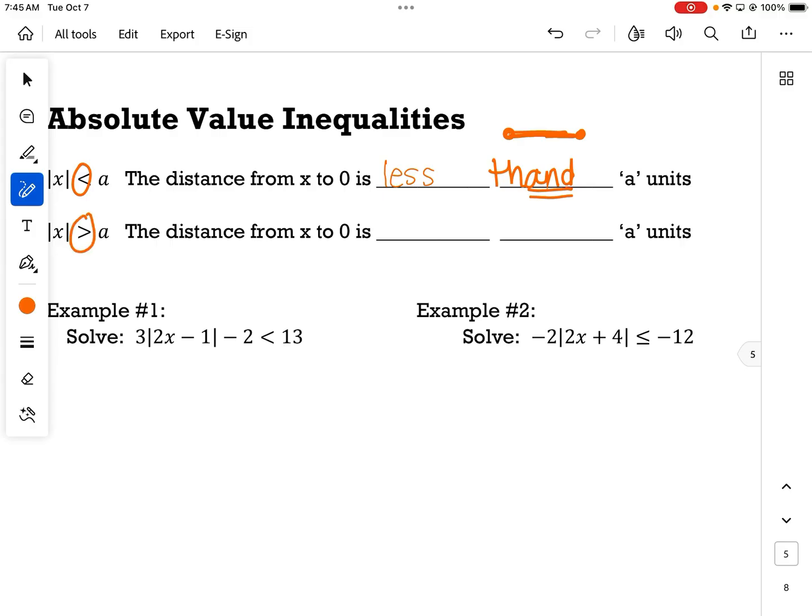When it's greater than, the distance from x to 0 is greater than, we're not going to write greater like that. We're going to write great or than.